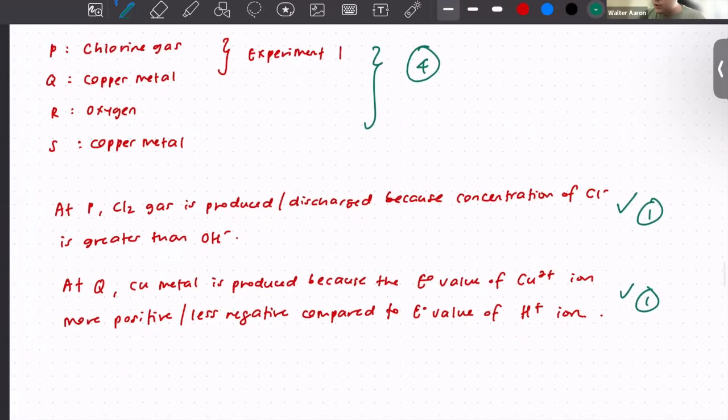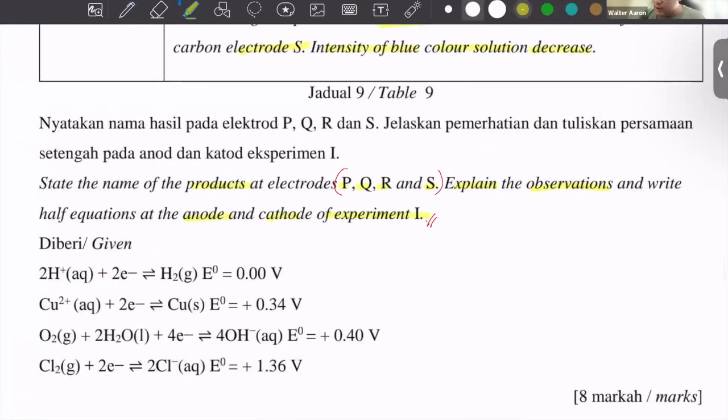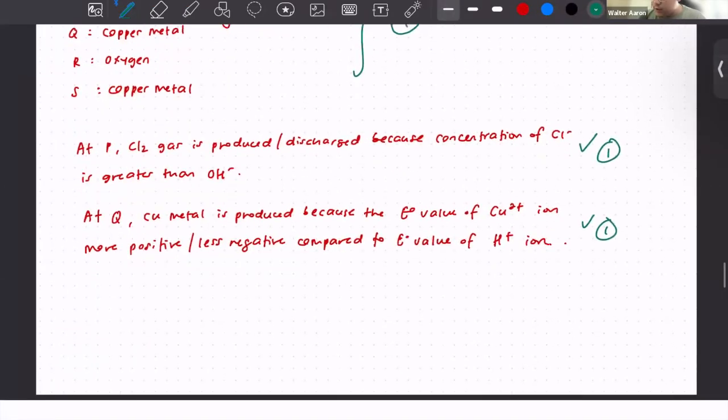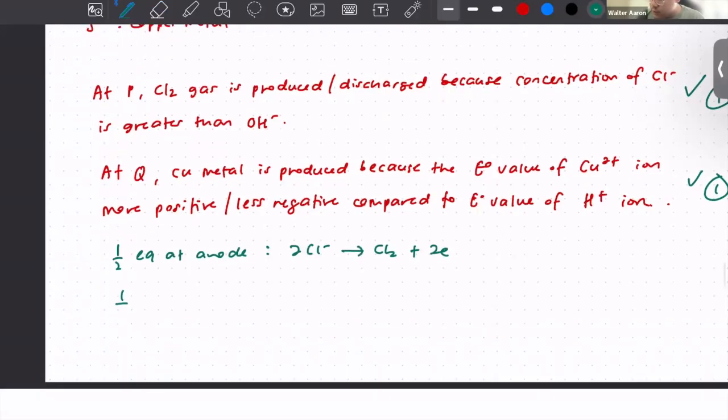And then they also ask you to write down the half equations for the anode and cathode. So I think that's pretty easy as well. So the half equation at the P or the anode will be Cl minus first. So it's 2Cl minus becoming Cl2, and it releases 2 electrons.